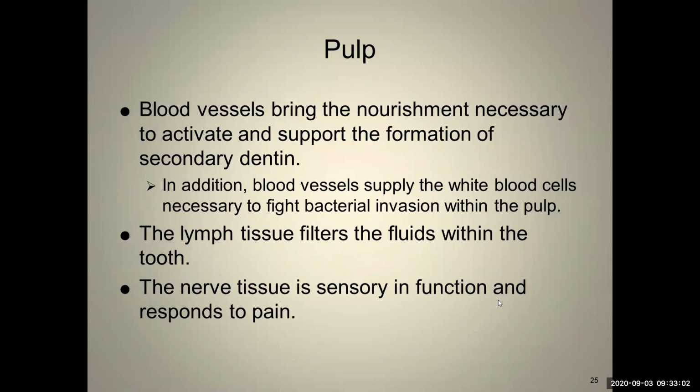Blood vessels bring the nourishment that's necessary to support the formation of secondary dentin. They also supply the white blood cells. Remember, we said that lymph tissue is inside the pulp, and white blood cells are necessary to fight bacterial invasion within the pulp because you've got blood circulating there.